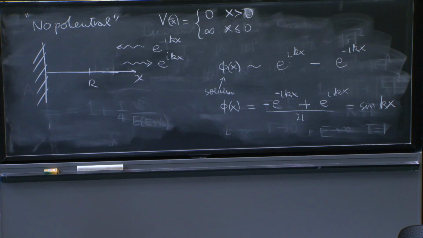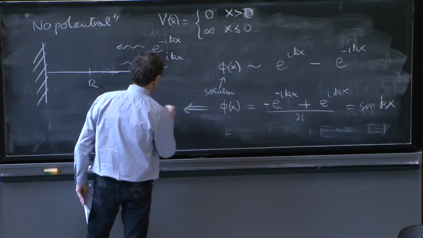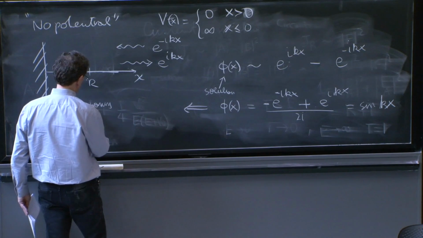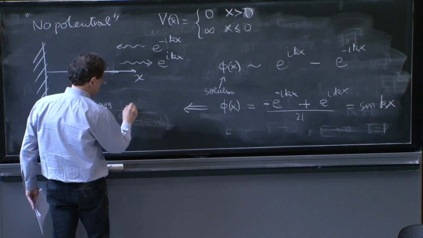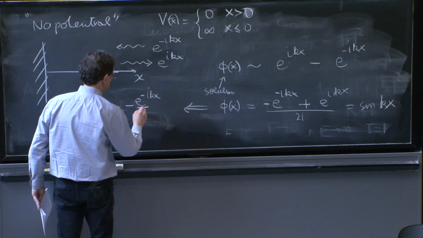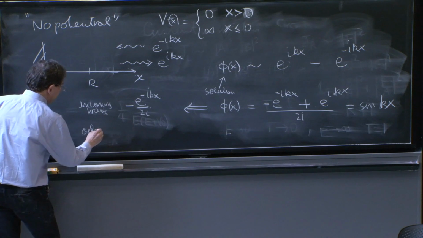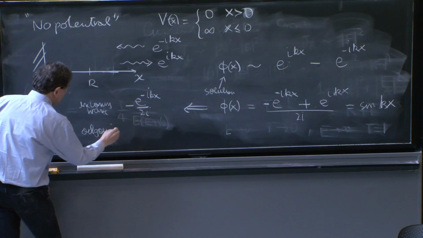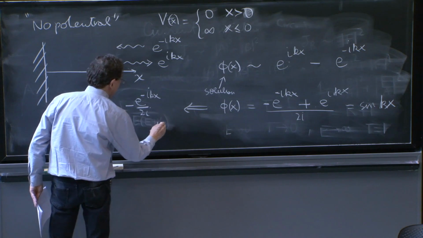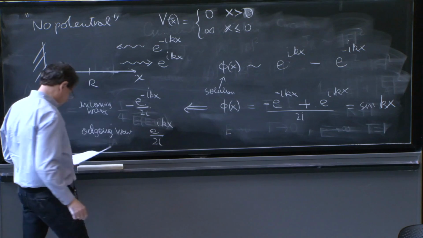On the other hand, I can think of this solution as having an incoming wave, which is minus e to the minus ikx over 2i, and an outgoing wave of e to the ikx over 2i.